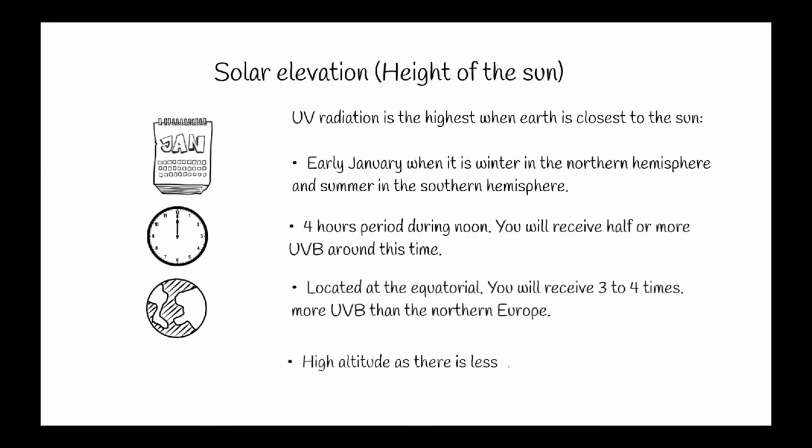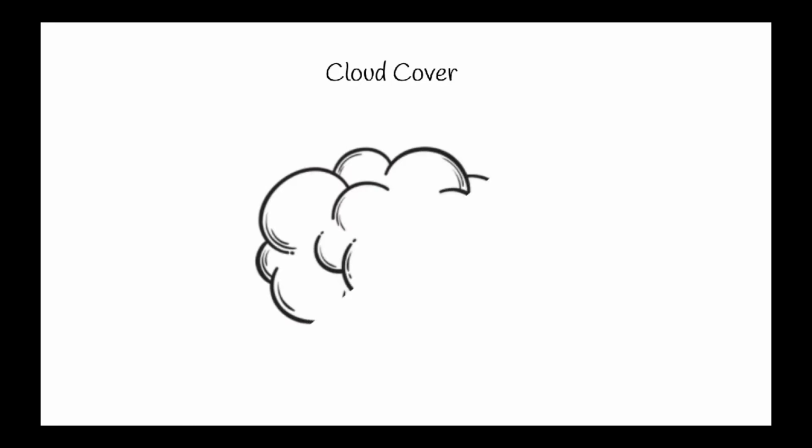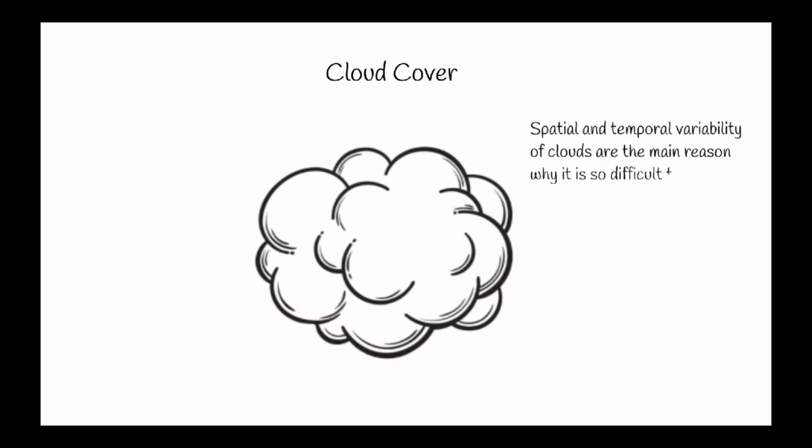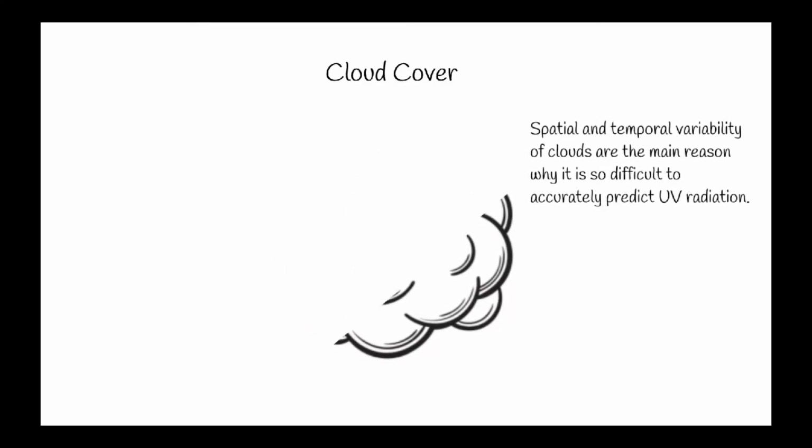High altitude, as there is less atmosphere to absorb UV. Cloud cover. Spatial and temporal variability of clouds are the main reason why it's so difficult to accurately predict UV radiation.